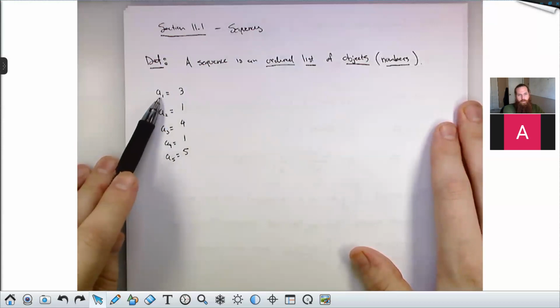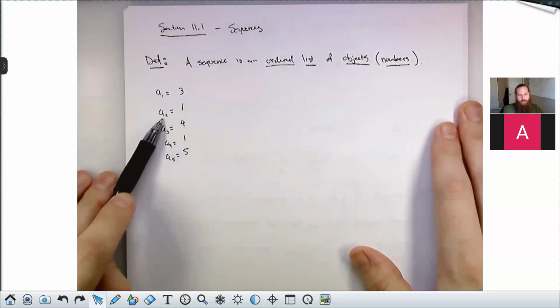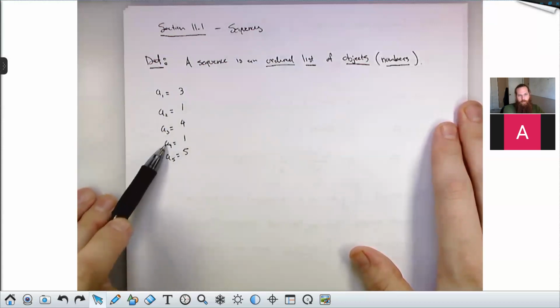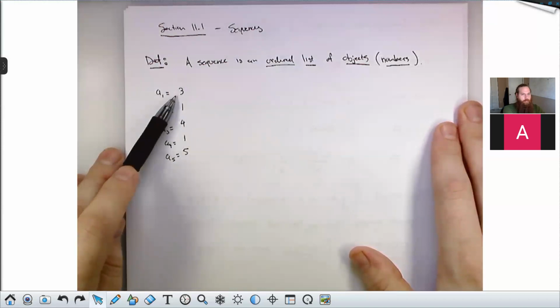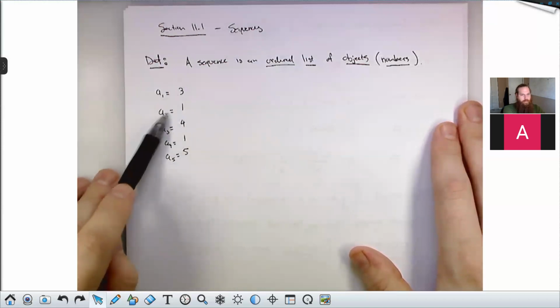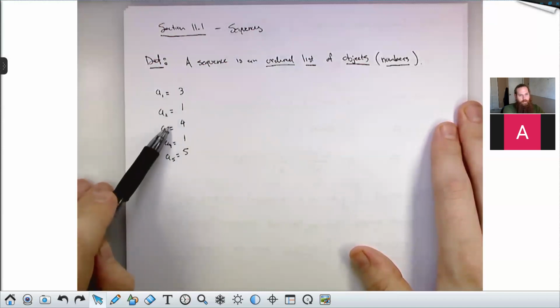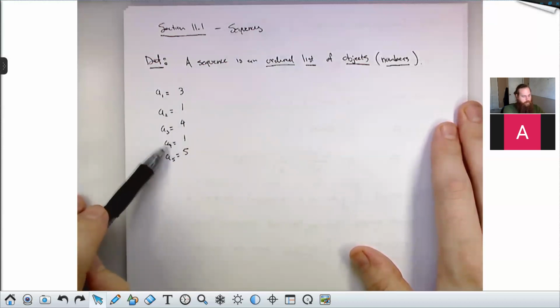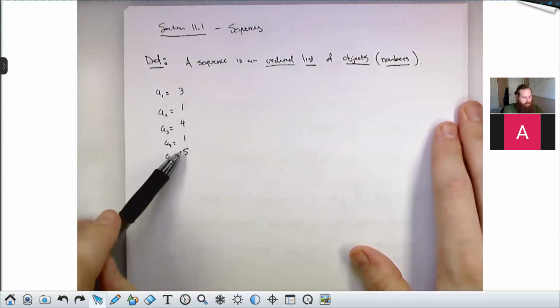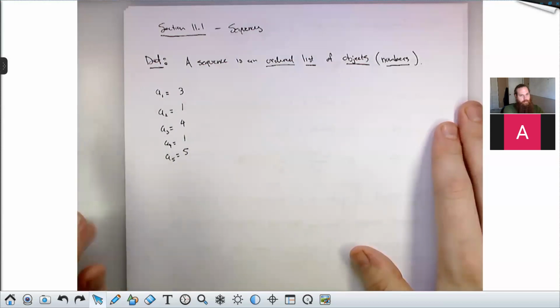So this is A1, A2, A3, A4, and A5. A1 is the first term of the sequence. A1 is 3. A2 is the second term, A2 is 1. A3, the third term, is 4. A4, the fourth term, is 1. And then I think I messed up here because I intended to use the digits of pi, but I should have had a 9 here. A5, the fifth term of the sequence, here would be 5.